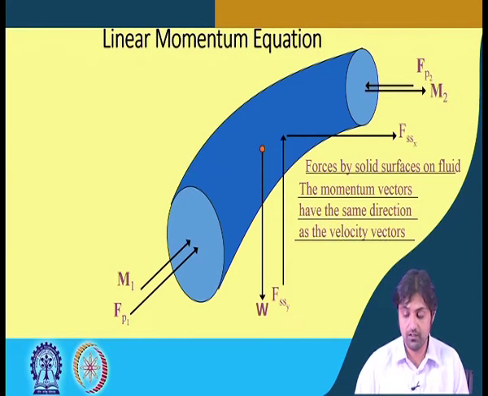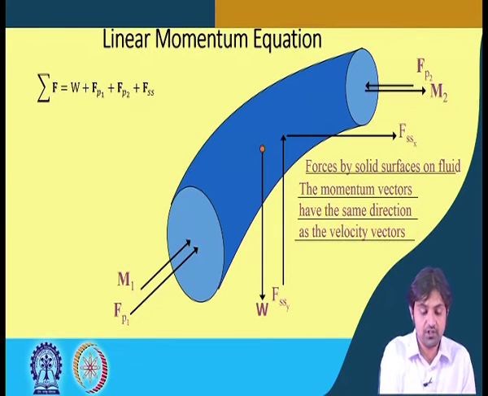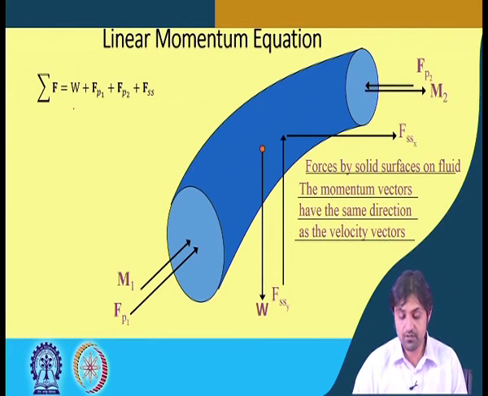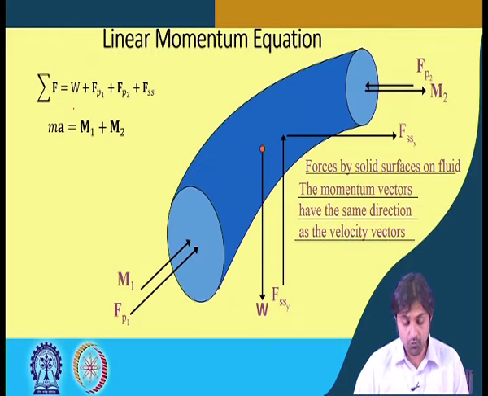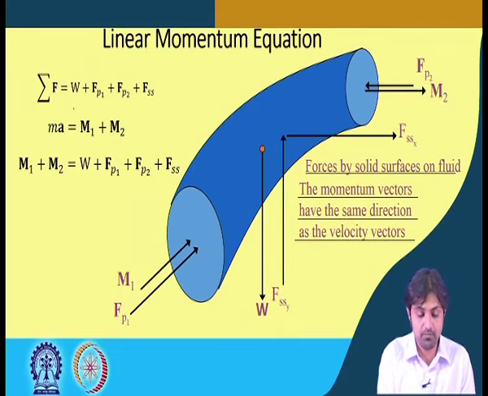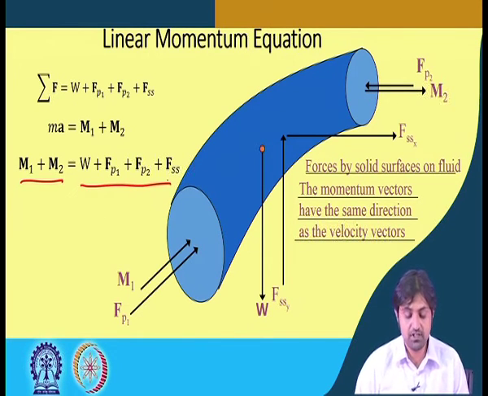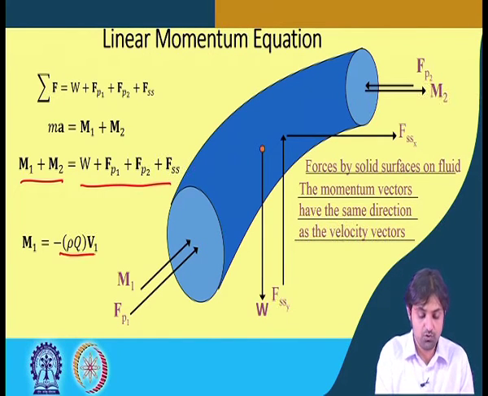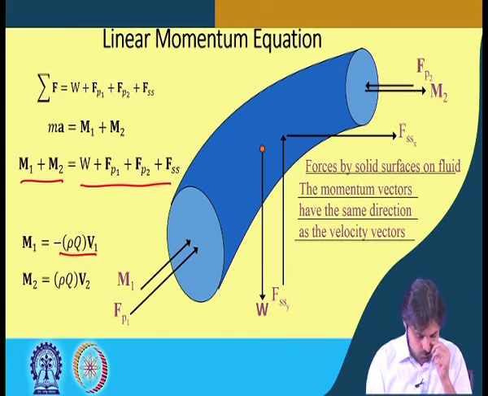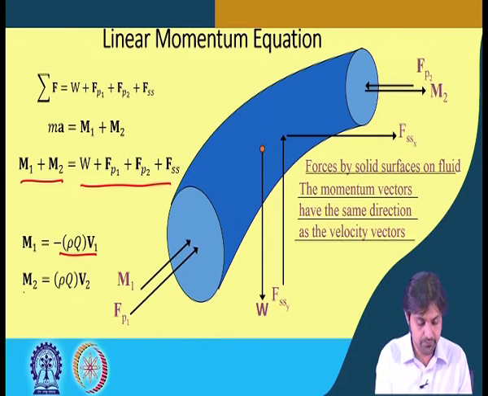So we can write F equals W plus Fp1 plus Fp2 plus Fss, and ma, force as mass times acceleration, is M1 plus M2. So M1 plus M2 is equal to W plus Fp1 plus Fp2 plus Fss, where M1 is minus rho Q V1 and M2 is plus rho Q V2.